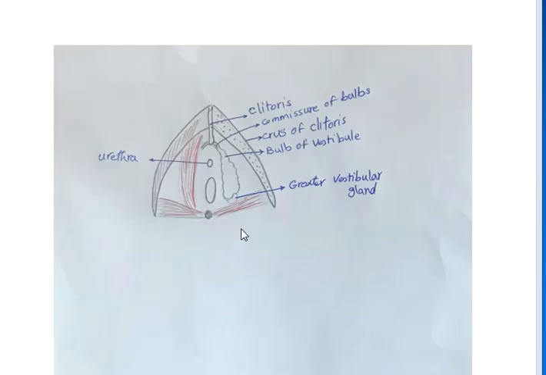In this picture, I removed the labia majora and minora to show the two corpora of the clitoris. This is the clitoris, and the right and left corpora attach to the ischiopubic ramus.